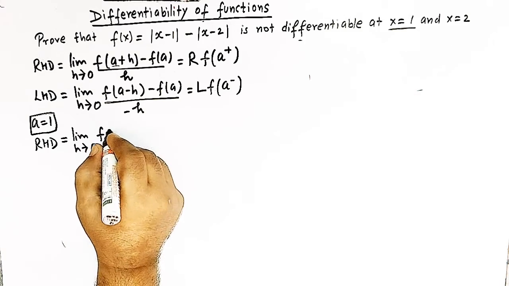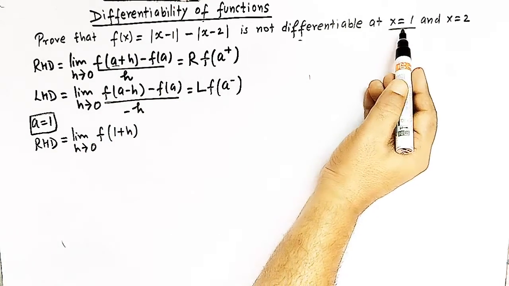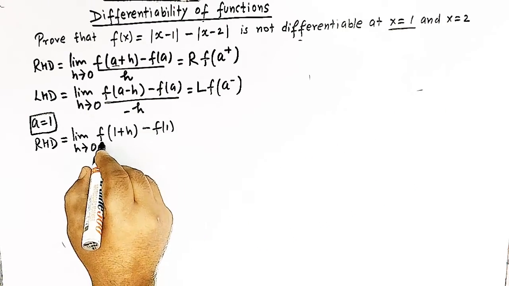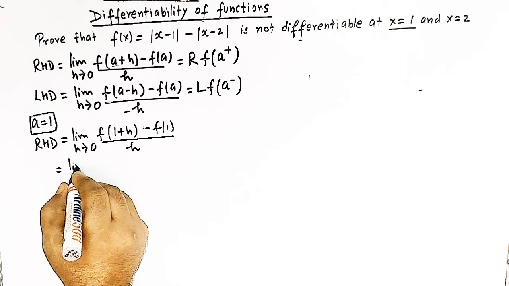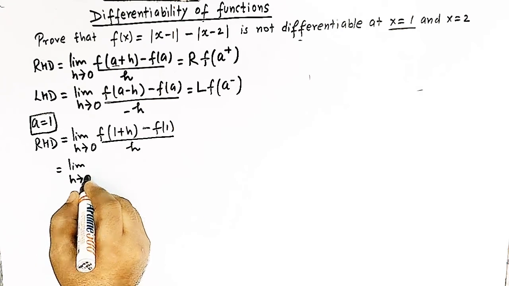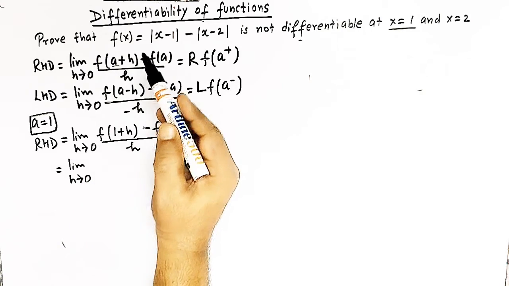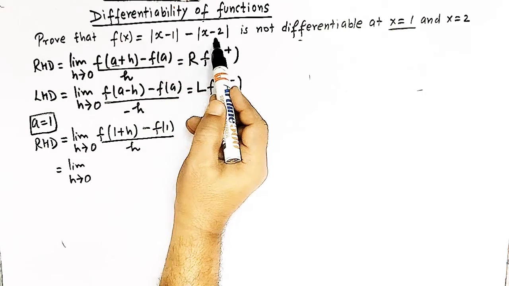And here we have f of 1 plus h, because a is equal to 1, minus f of 1, divided by h. So now we have limit h tends to 0. Now f of 1 plus h can be obtained by replacing x by 1 plus h in this function.